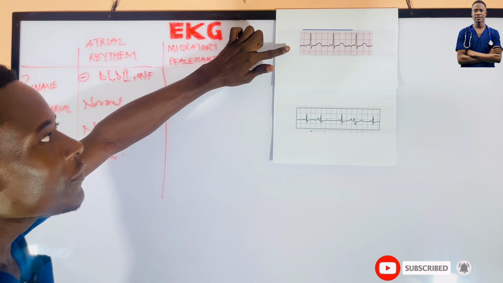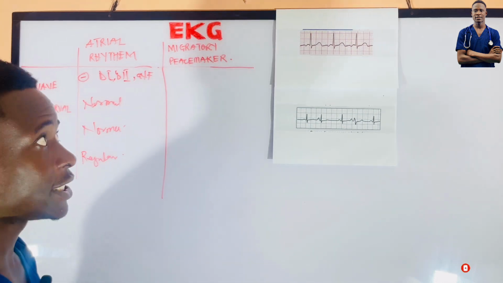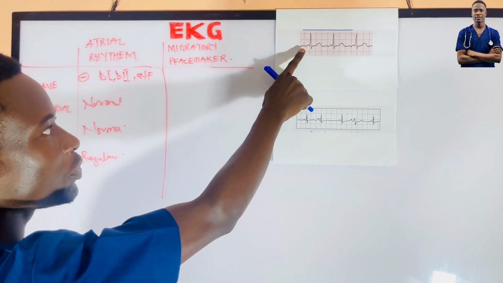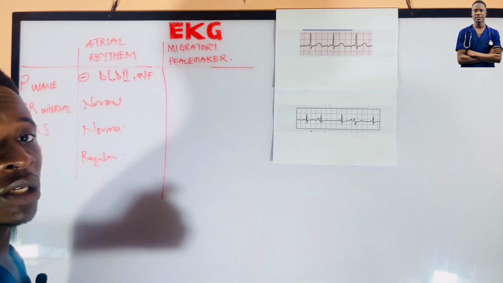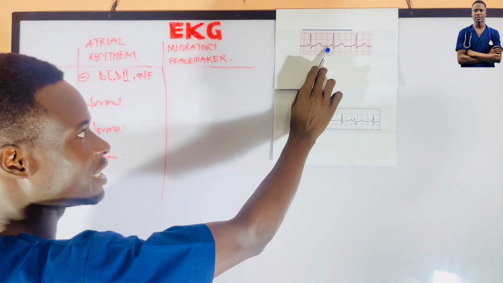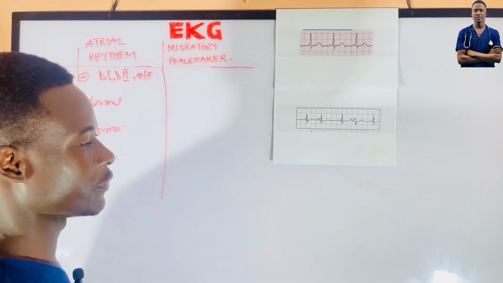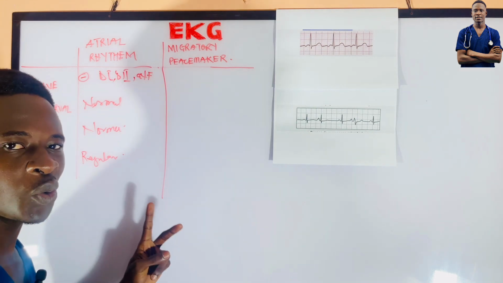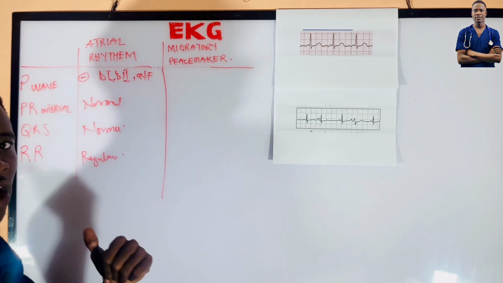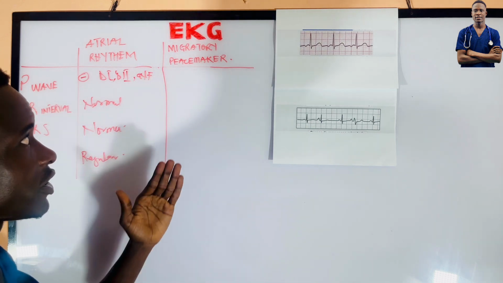Because the P wave here is below the isoelectric line. Now, this is our isoelectric line, so the P wave is below that. When it's below that, we read it as negative. So you have a negative P wave, a negative P wave, and a negative P wave, on lead 1, 2, and the AVF. So because of that, we say it is what? An atrial rhythm.